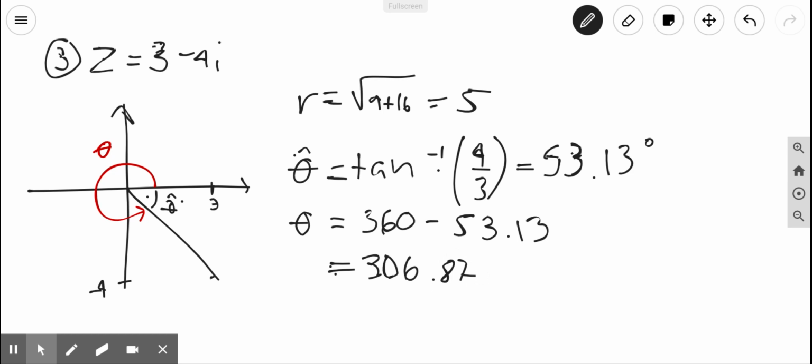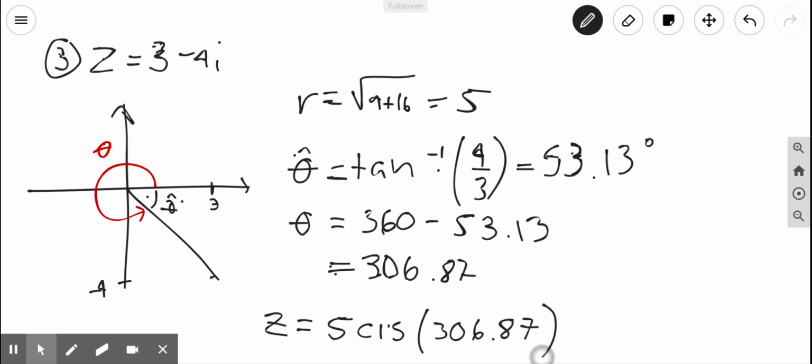Makes sense, right? This is a pretty big angle. It's definitely in the fourth quadrant. So our beautiful little number is going to be 5 cis of 306.87. Okay, I hope this was helpful.